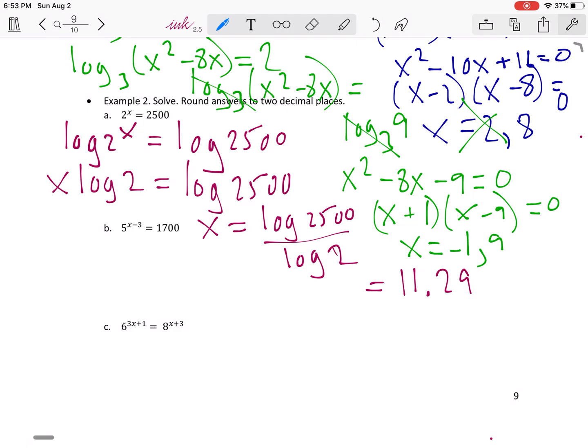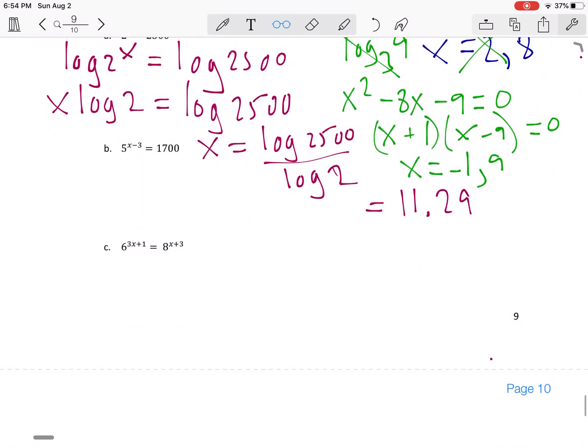And then you can verify that answer by taking 2 and putting it to the power of 11.29, and it should give you roughly 2500. Okay, so this is the method that we use to get an answer without having to go through that estimation process.